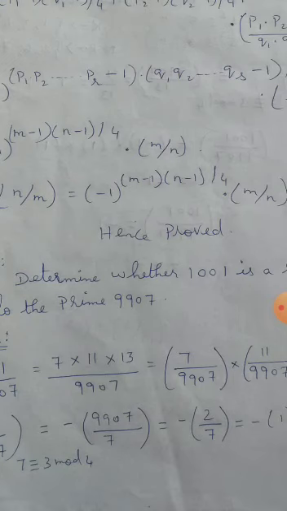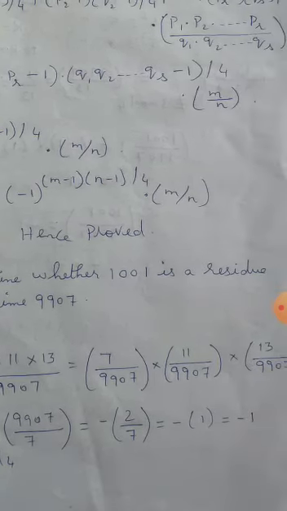So we put minus outside, (2/7). In the denominator we have 7. You have to find the mod value for 7. Check whether 2 is a residue or non-residue for 7. If it is a residue, put plus 1. If it is a non-residue, you put minus 1. Here we are replacing 1. So it is a residue. So outside we have minus, so minus 1.